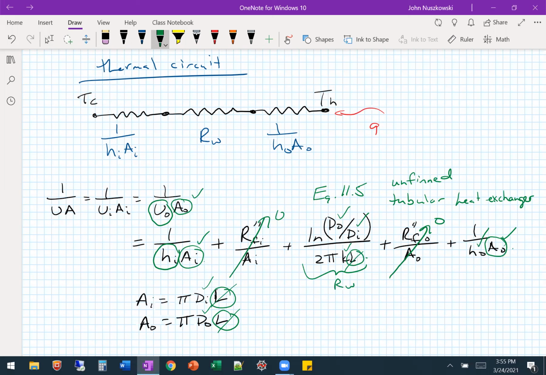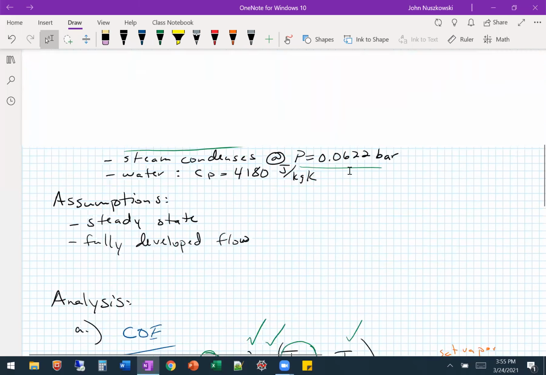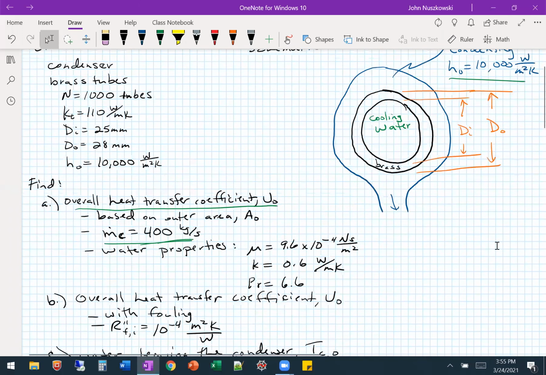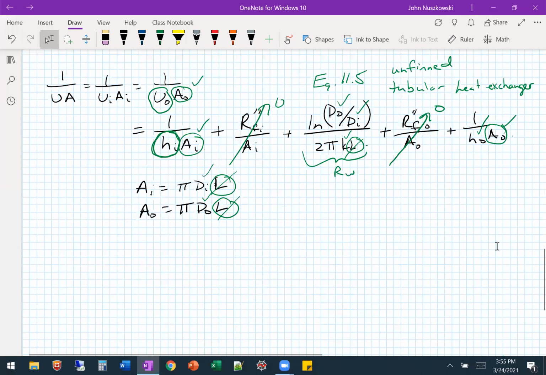So then last in this is our convection coefficient on the inner side. So this is our cooling water side. So how do we get that? Or where do we start?